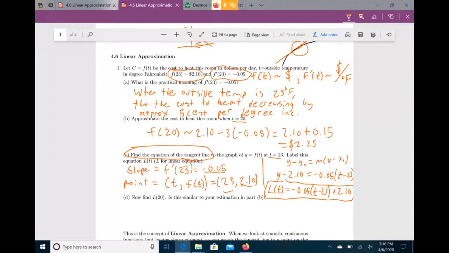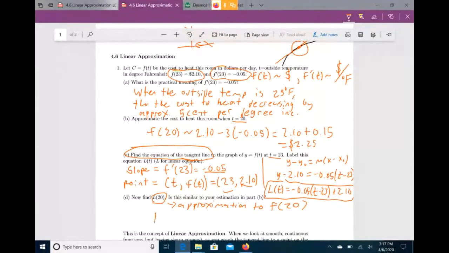All right. So how do we find L of 20? Well, we just plug 20 in, and it's the exact same thing we did in part B. So L of 20 is our approximation to the actual cost when the temperature outside is 20 degrees. So we use the tangent line at a point that we know about to estimate it.